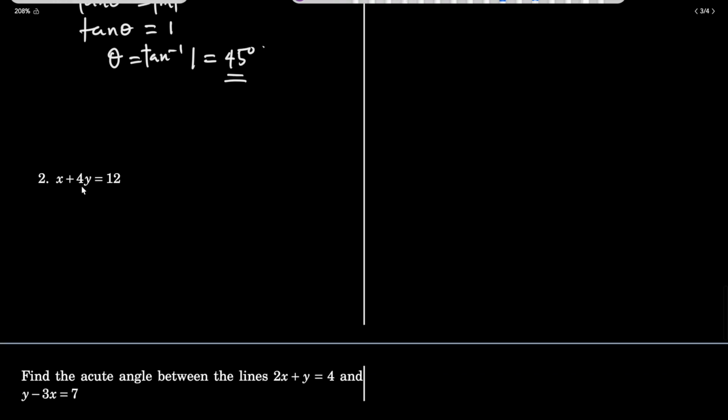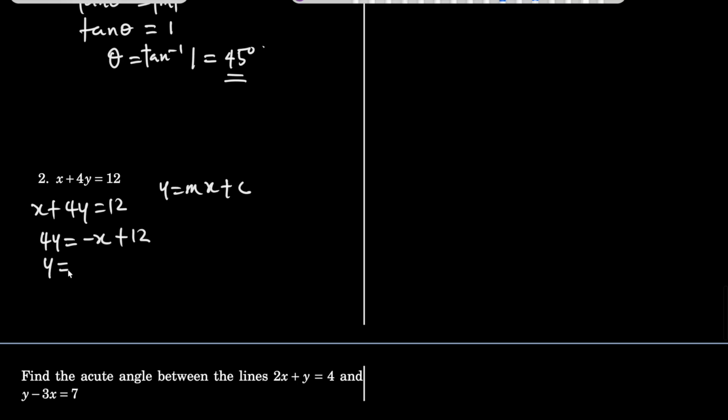x plus 4y is equal to 12. This obviously is not in the form y equals mx plus c, so we have to rearrange and say 4y is equal to minus x plus 12.